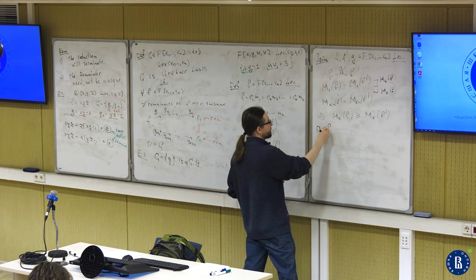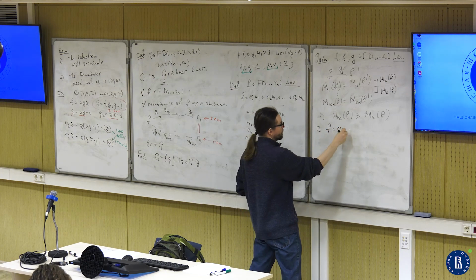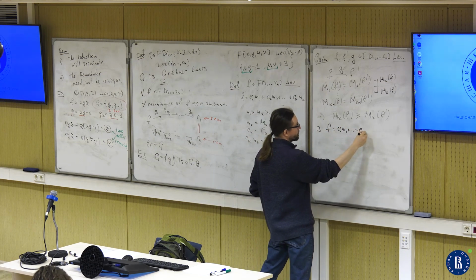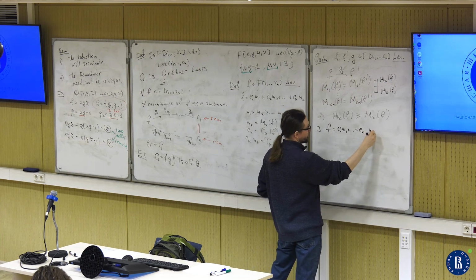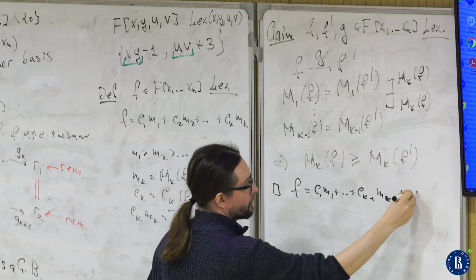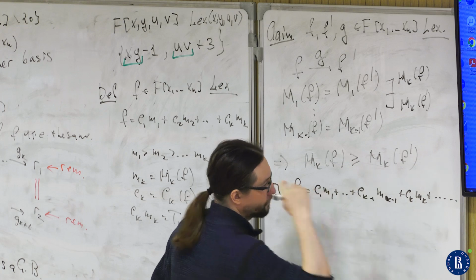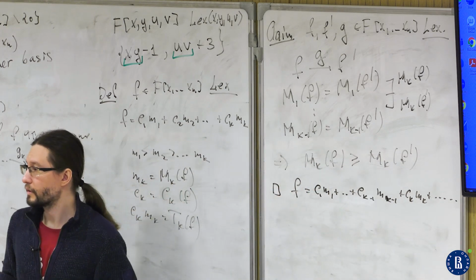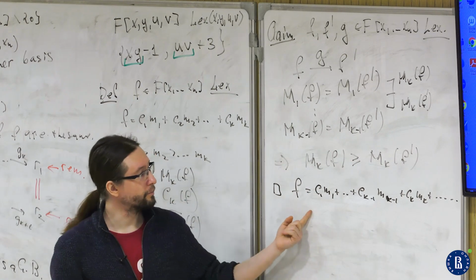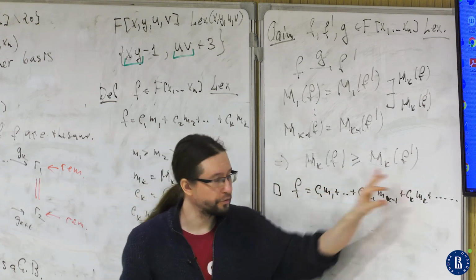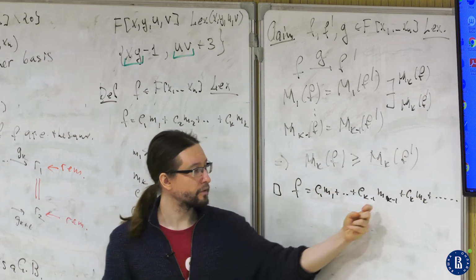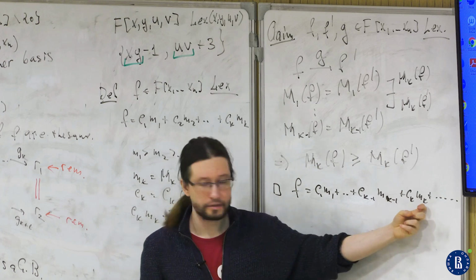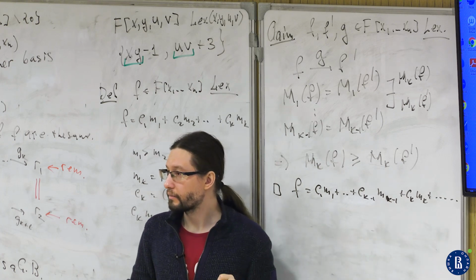Well, suppose I have a polynomial f, and it has this form. I have sorted all the monomials of f in a strictly decreasing order. So this is the highest one, this is the (k minus 1)th highest one, this is the kth highest one.